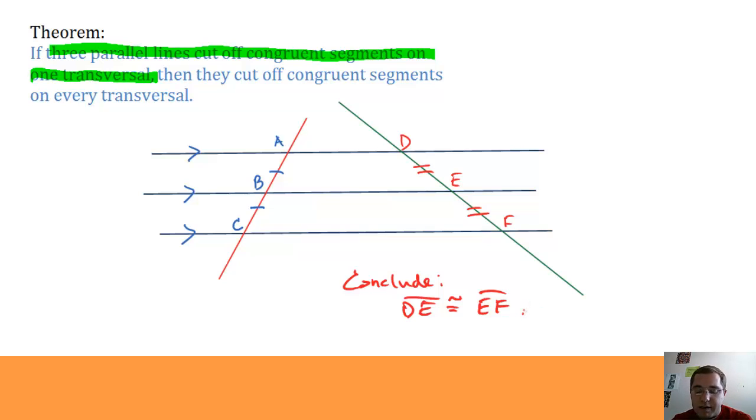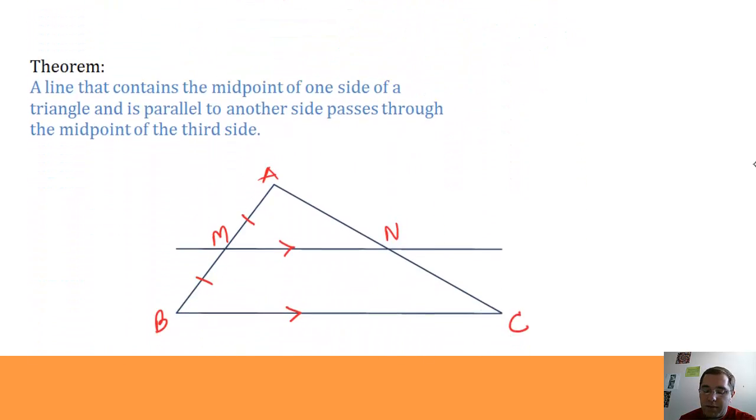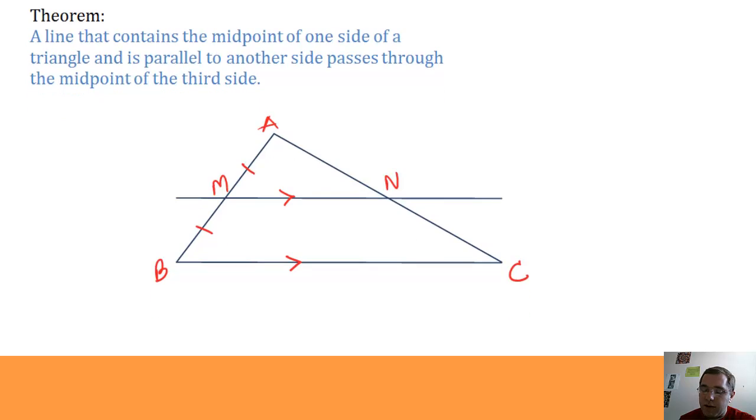Those parallel lines must cut off congruent segments on every transversal that we can draw. We won't prove that theorem. Take a look at this theorem.